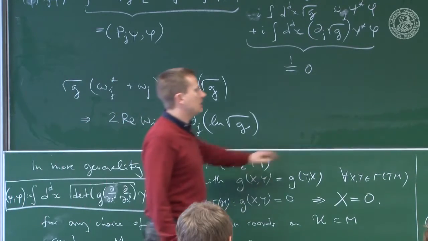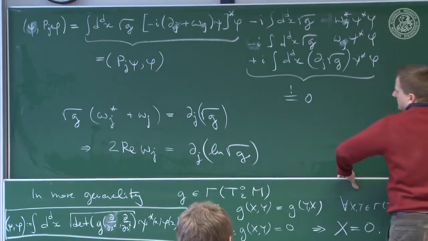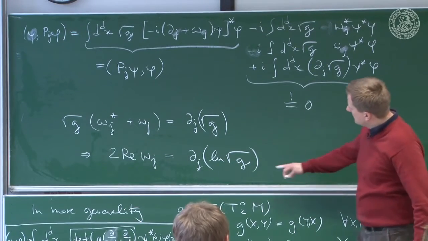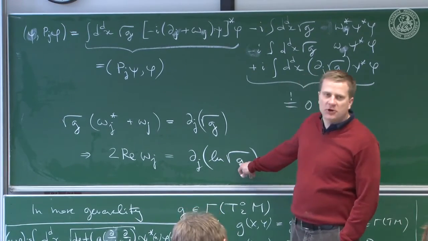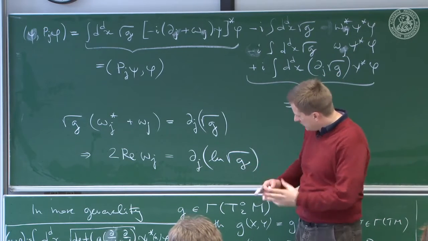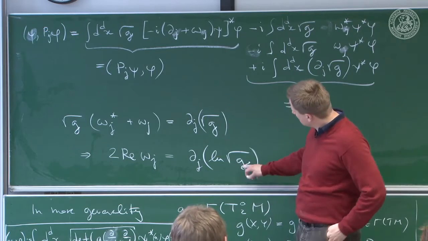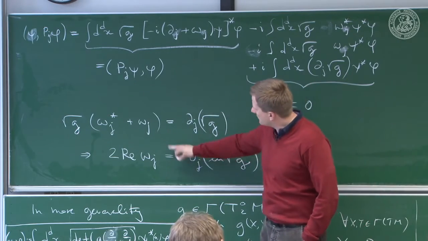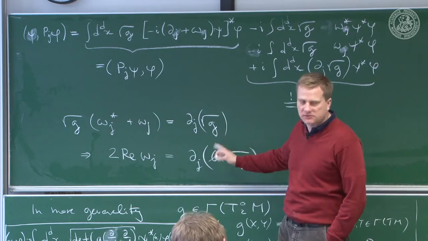So let's check with our, so that's the general result. So for a generally curved manifold, so a general manifold with a metric, and then locally we go to local coordinates, obviously, because we're using partial derivatives and so on.